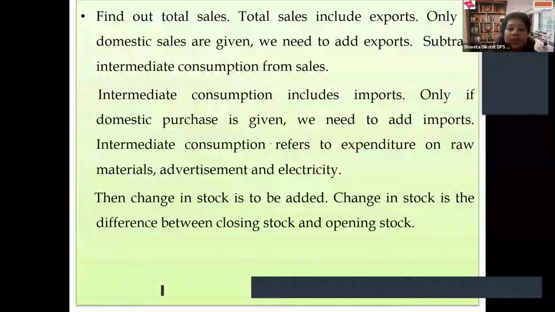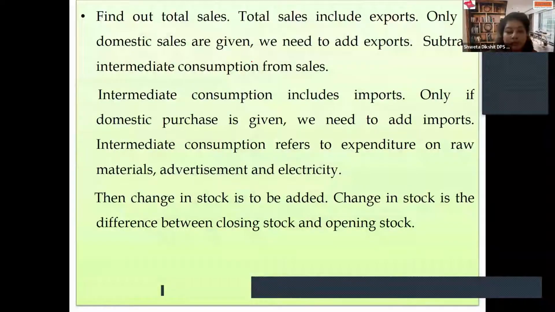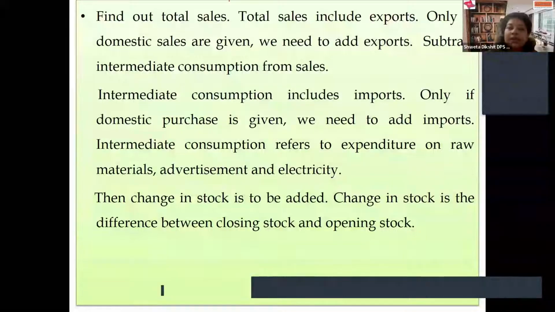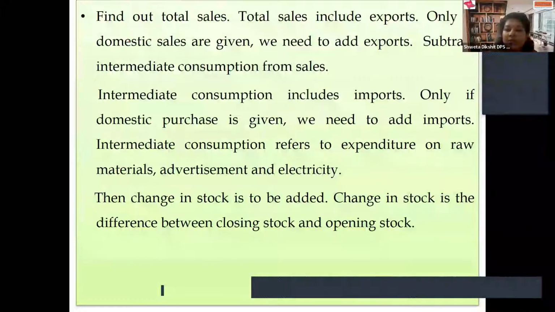Here it is written in detail, as you may be asked a theory question out of it as well. Sometimes on this method the question can be numerical, whereas the questions can be theoretical as well. So what steps do you need to write? I would always advise you to write the steps given in your textbook because that way you will be able to revise. But even then, for your knowledge, the first step says to find the total sales.